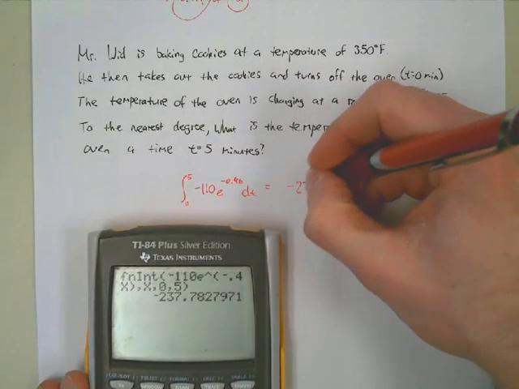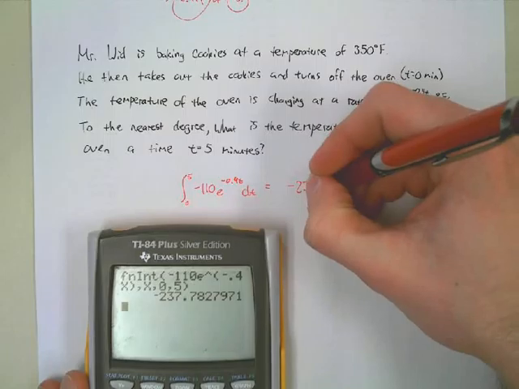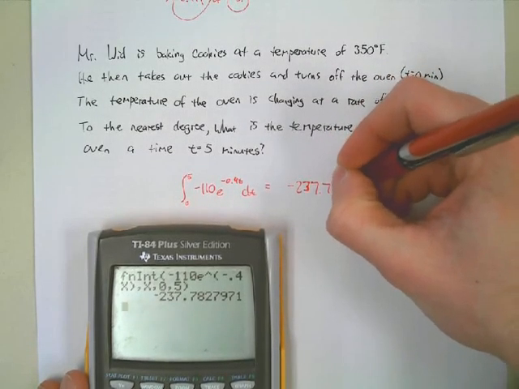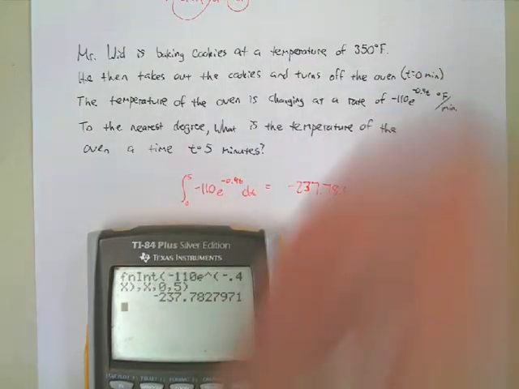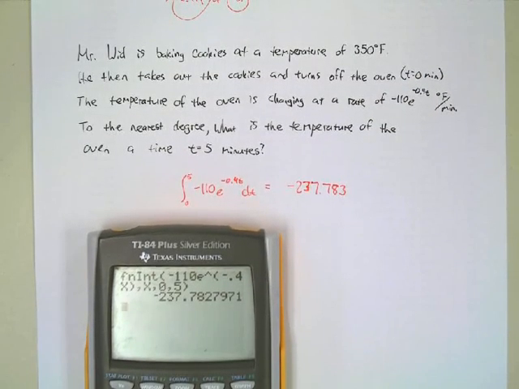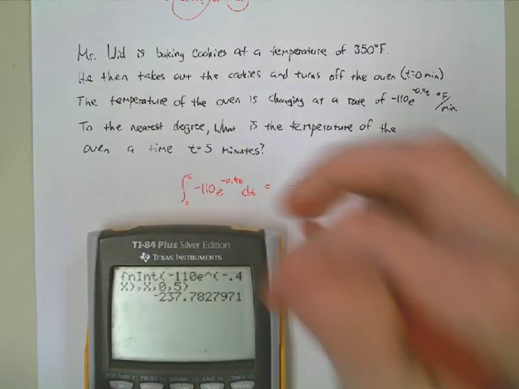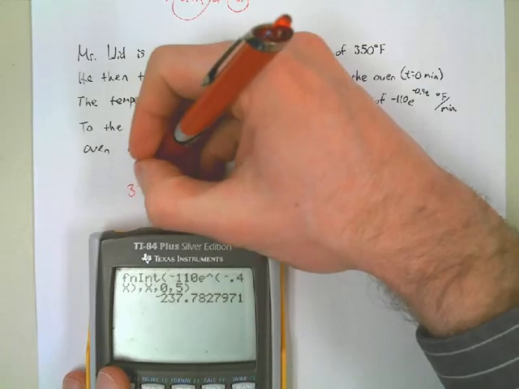So wait a minute, though. Can we have a negative temperature oven? I guess so. It's called a freezer. But what's really going on here? Right, the temperature of the oven started at 350 degrees, so we had an initial temperature already. We're going to add to that the accumulated change in temperature.